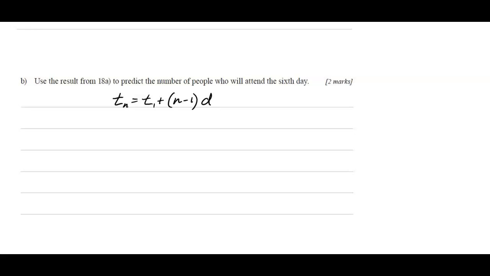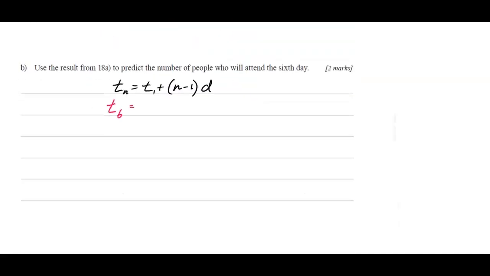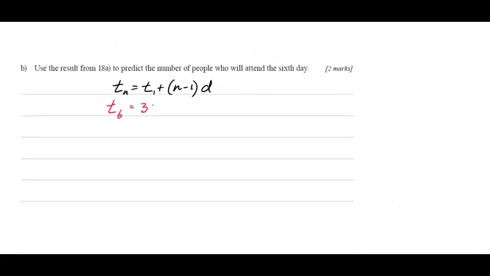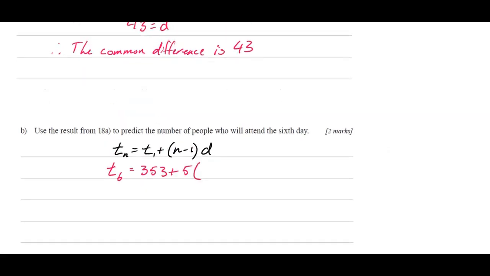So let's start filling in our information. We need to know T6. We already know T1, and T1 was 353. And we're going to add on n minus 1. Now, because we're looking for T6, n is 6. That means we're going to have 5. And we're going to multiply that by d, which was 43.